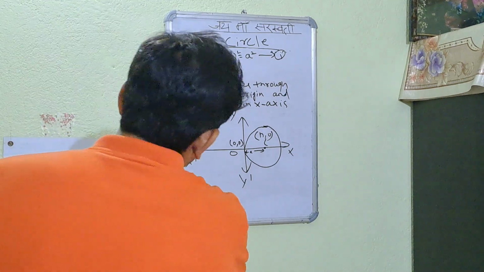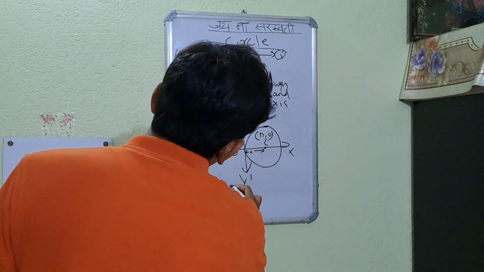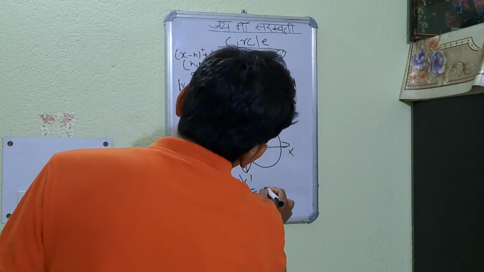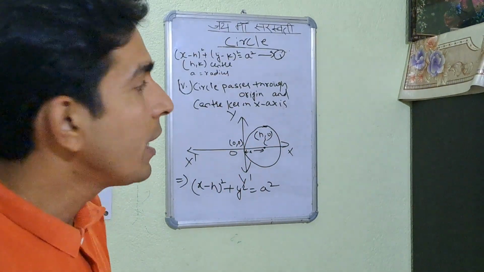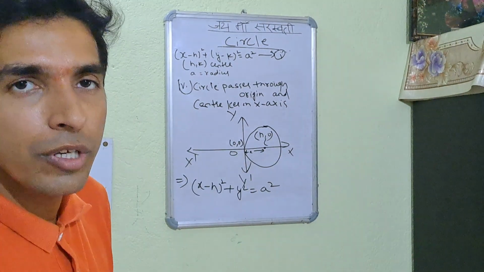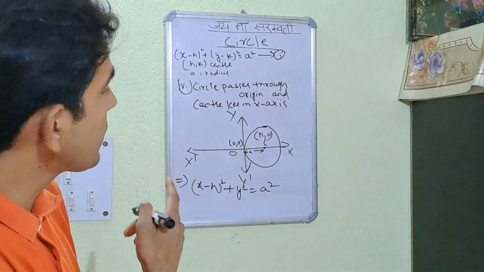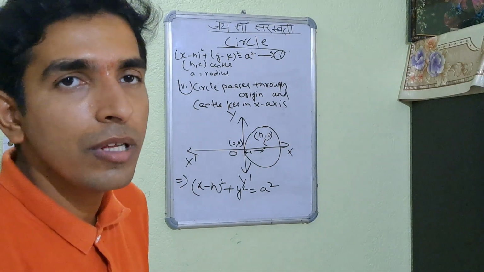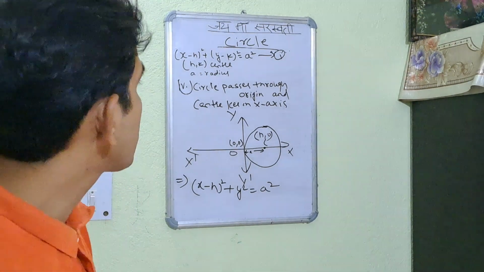So we transform the equation as (x minus h) the whole square plus y square is equal to a square. In this particular equation of the circle, we took the y coordinate as 0 and the x coordinate as h, and transformed the equation into (x minus h) the whole square plus (y minus 0) the whole square is equal to a square.